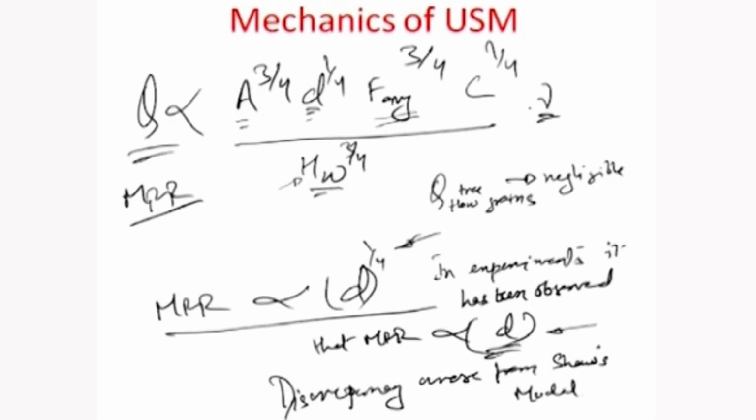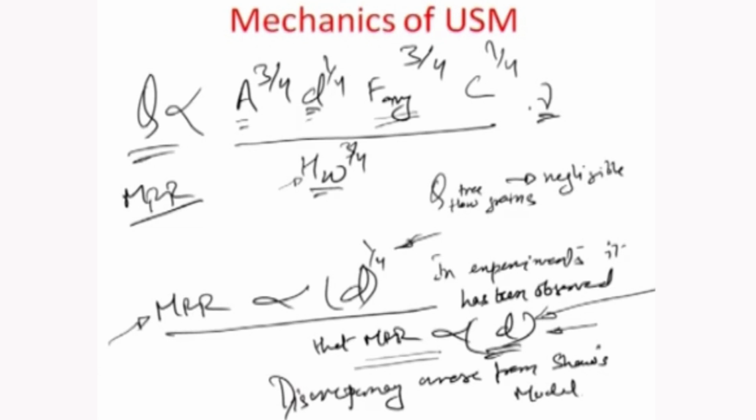Because of which some explanation needed to be given, so that somehow this experimental data which comes out to be proportional to d could be easily fit inside the data which has been theoretically derived by the Shaw's model. Okay. And so, therefore, Shaw actually tried to find out in reality what goes on.